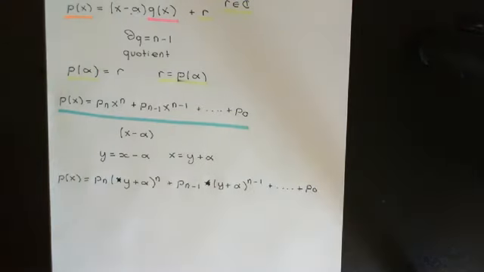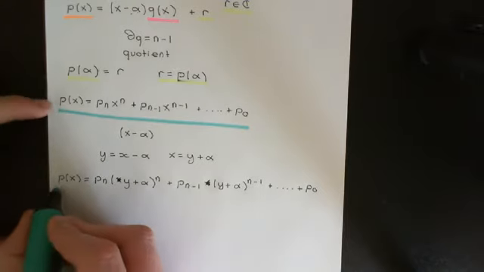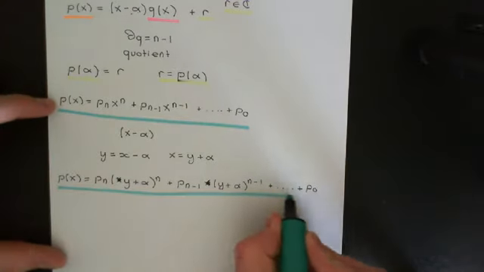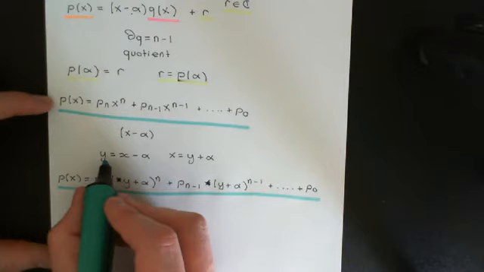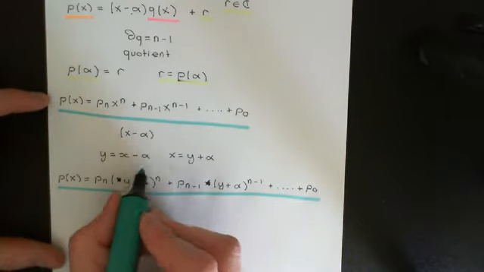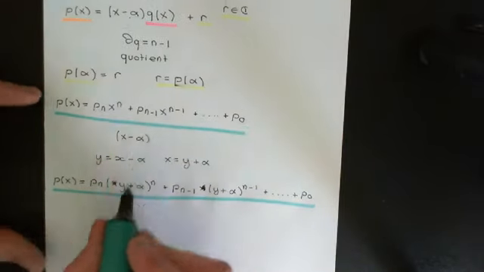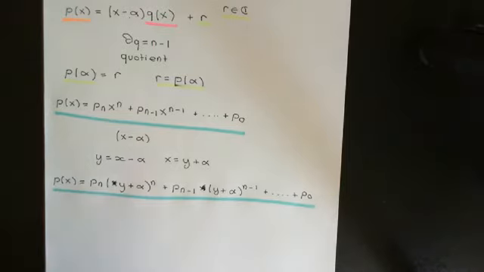So that's utterly correct. All I'm doing is rewriting it in terms of another variable. If we were just to substitute y is equal to x minus alpha back into here, we'd get our polynomial back again.